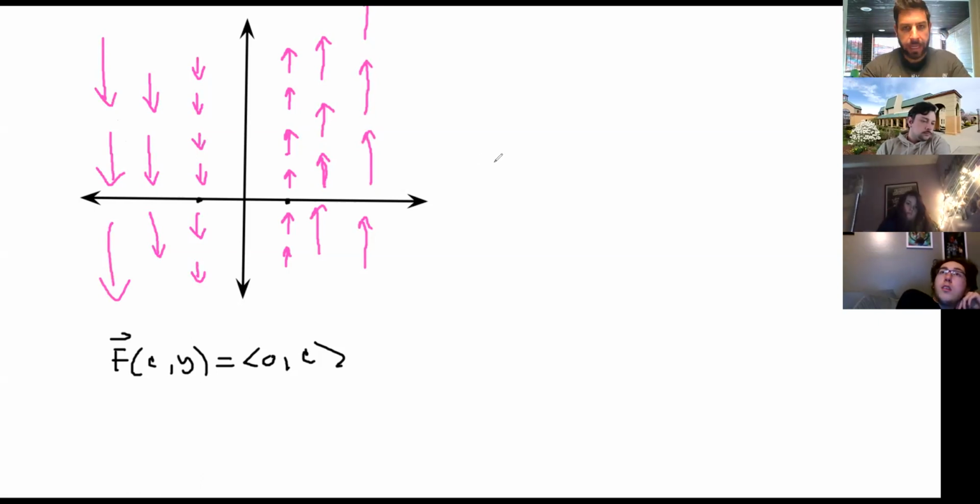By the way, this has a name, and maybe you've heard of this word before. This is often called a shear field.